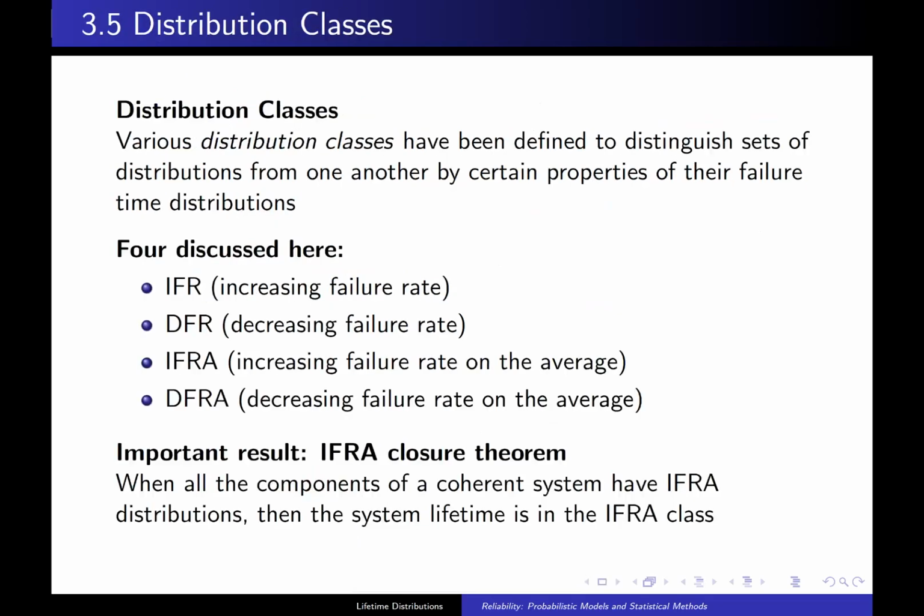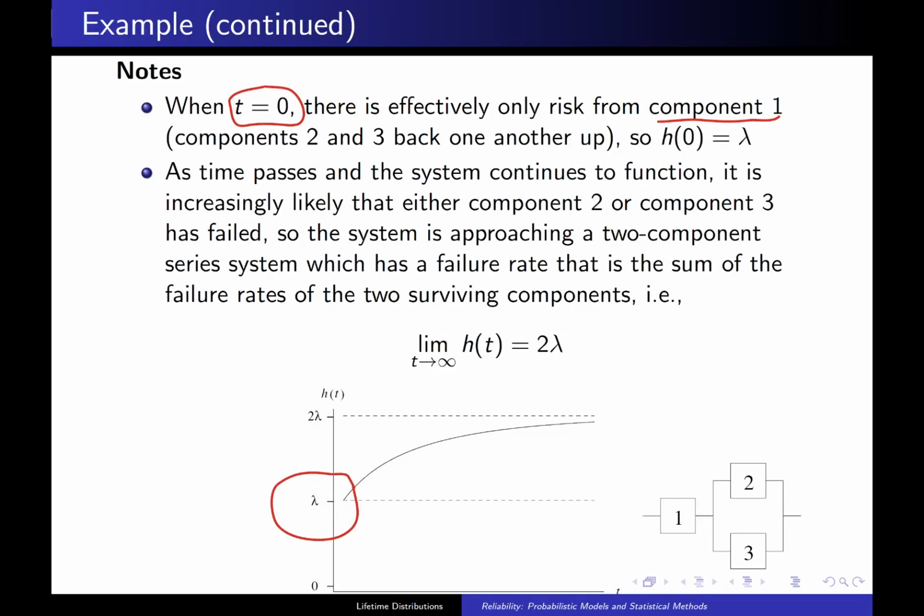Now, as time passes with this system, chances are one of components 2 and 3 is out if the system is still operating. So let's arbitrarily just say component 3 has failed and component 2 is now working. Well, if that's the case, now the system looks like a two-component series system.